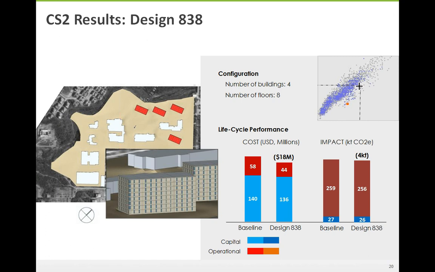Where the cost savings came from is, one, you can see the buildings are oriented so that the long faces of the facade are oriented north-south, or more north-south than they were in the original design. That makes the buildings a little bit more energy efficient and efficient to operate.